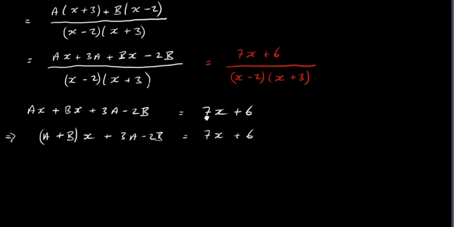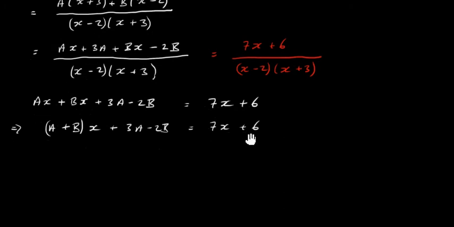Now if you look here, I've got something times x plus a number. Here I've got some numbers times x plus a constant, there are no x's here, so the 3a minus 2b is the constant part of this expression. So I can equate coefficients.